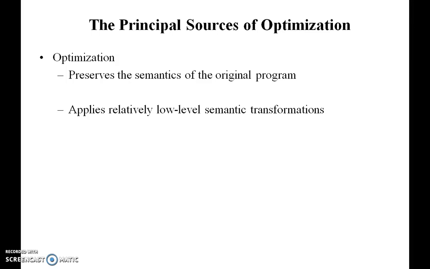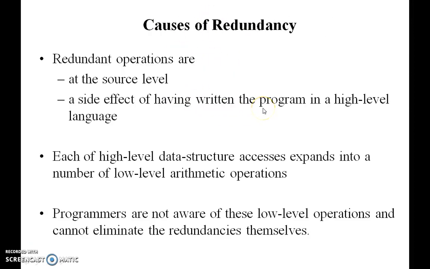With the help of this optimization, it will preserve the semantics, that is the logic of the original program. It doesn't affect the logic of the program. Without affecting the logic, it preserves the meaning, and also improves the efficiency of the compiler. It also applies some concepts for low-level semantic transformation, which is mentioned here.